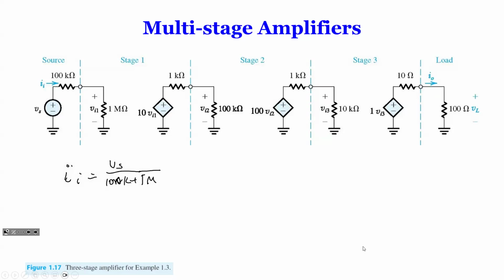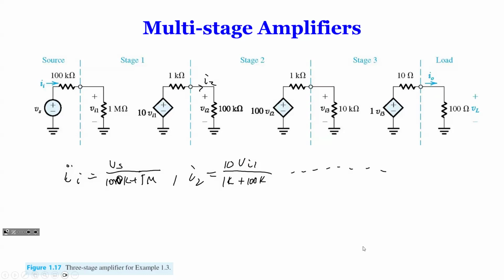And also we can write I2 equal to 10 V I1 divided by 1K plus 100K, right? And so on.